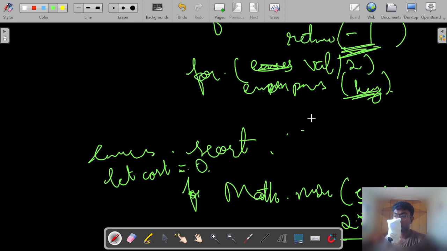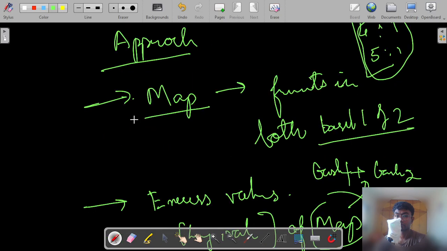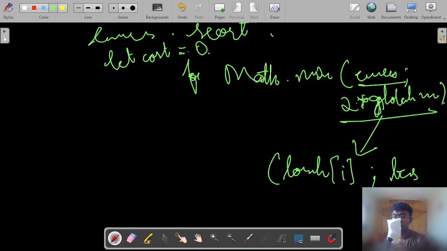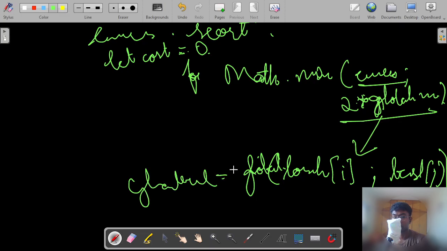We would have calculated global min this way, where this will be basket 1 of i, comma basket 2 of j. This is the min value that we are going to calculate, or global min, which we are going to assign initially, and this would be the minimum value.